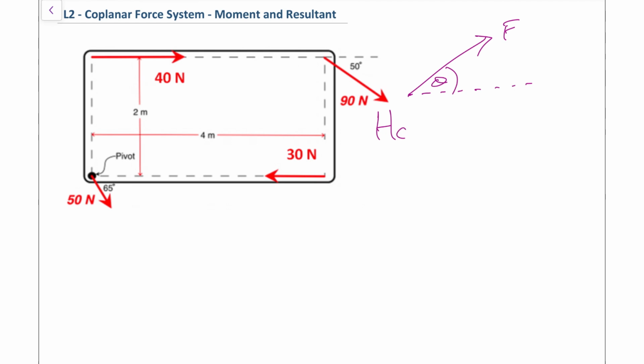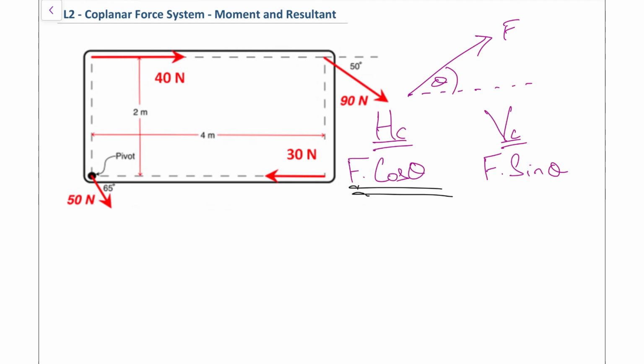So HC for horizontal component, and you will just simply do force multiplied by cos and then the angle. All of this will be much clearer when we're doing the actual calculation. For vertical force components, it's similar, but we'll change that cos to sine. So force, sine, and then the angle. So that's step one done.